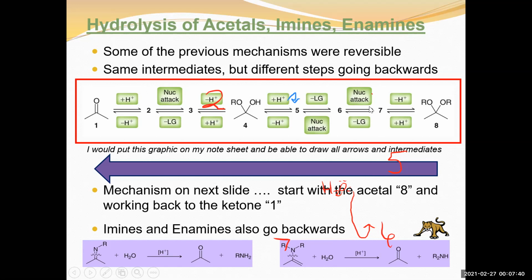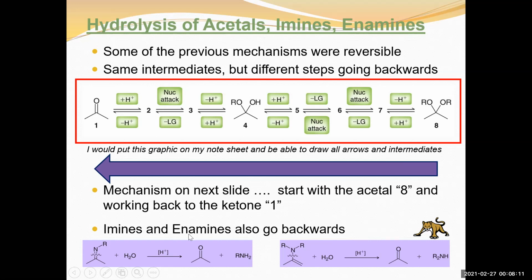There's no substitute for you sitting down and drawing that mechanism out full blown on your sheet of paper. Print out the slide and draw those arrows on there. Mechanism on next slide. Start with the acetal and work your way back to the ketone.